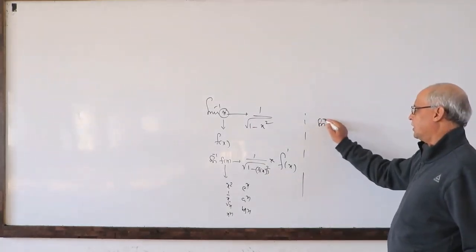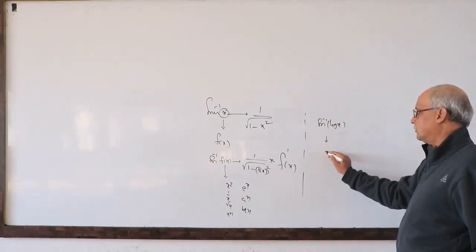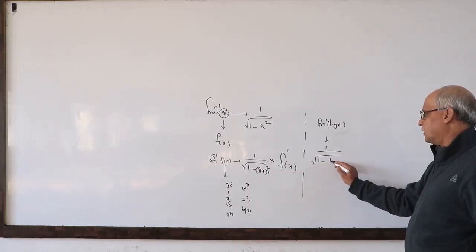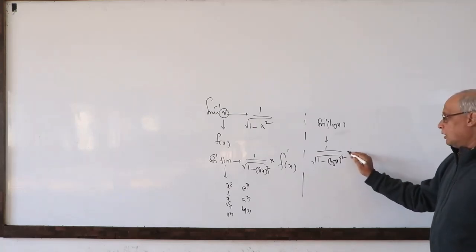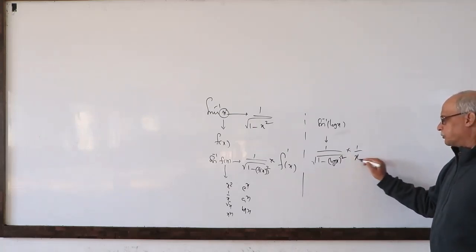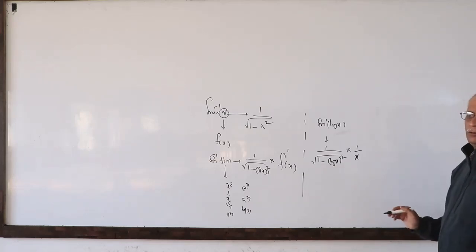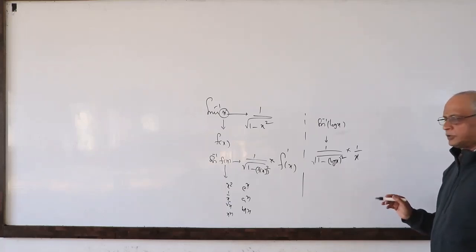There is a reason why I wrote this one: we need logarithm basics also. 1 by root of 1 minus log x whole square, multiplied by log x derivative. This is the rule, the method to write the combination of inverse functions with any other.